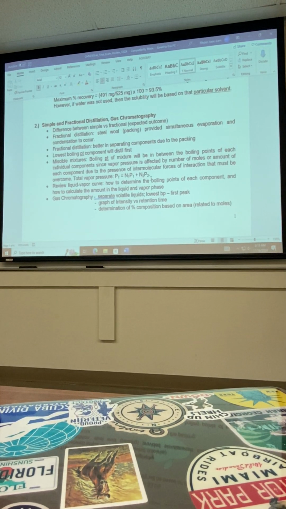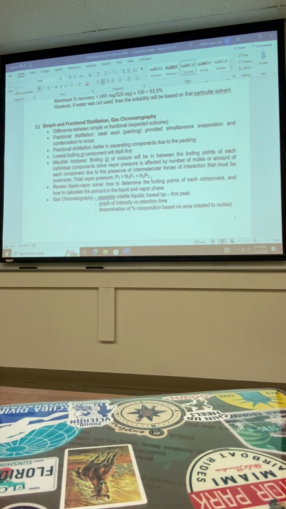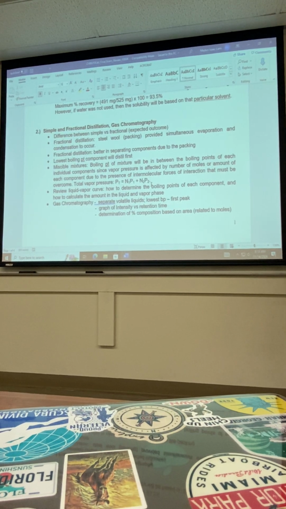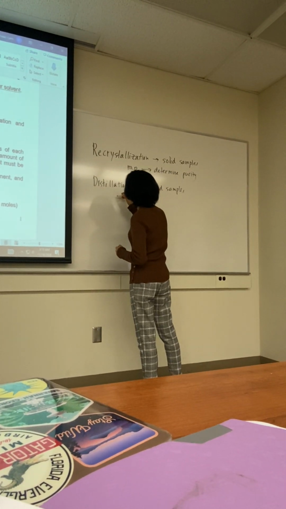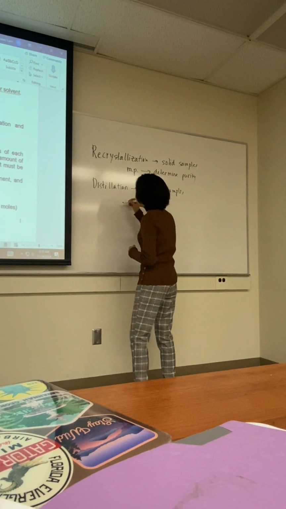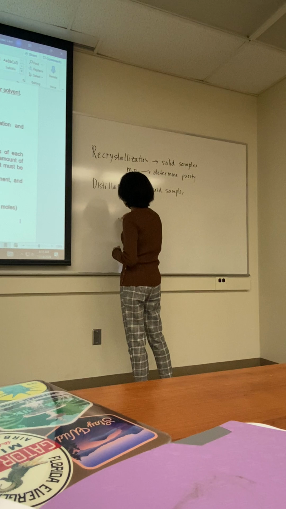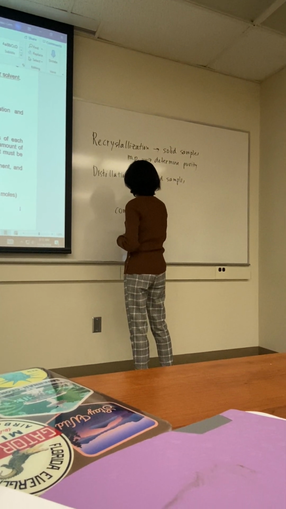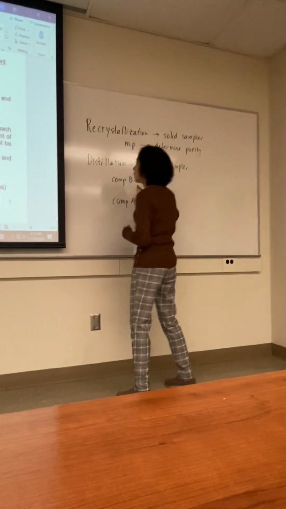The mixture is miscible, meaning you don't see a layer. For the distillation, it depends on the boiling point. Because it's miscible, say you have component A, and then component B has a higher boiling point.